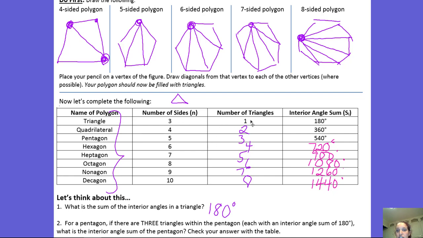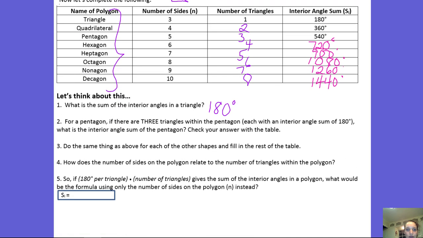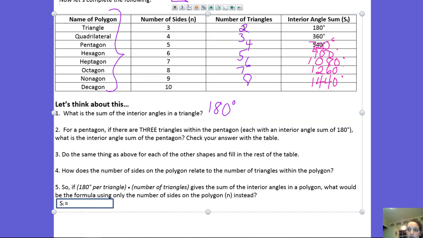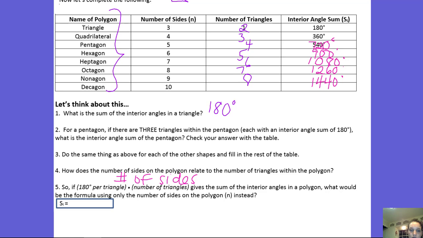So 3 minus 2 is 1. 4 sides minus 2 is 2 triangles. 5 sides minus 2 is 3 triangles. So if you take the number of sides and subtract 2, that gives you the number of triangles. So the number of sides minus 2 equals the number of triangles. So the number of triangles is n minus 2.